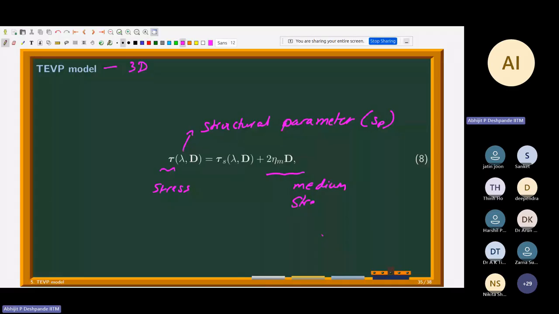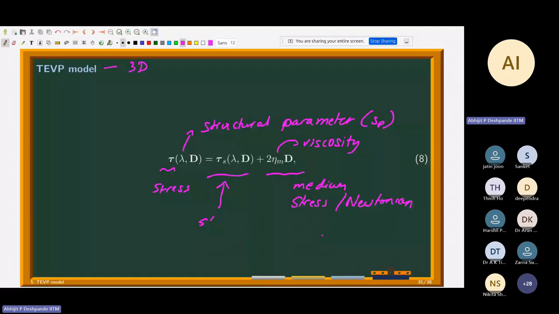So that's why this is a tensorial representation of saying stress is proportional to strain rate, and the proportionality constant is viscosity, which is the medium viscosity. And then we also have the contribution to stress due to structure, which is agglomerated, and this structure also depends on the structural parameter.